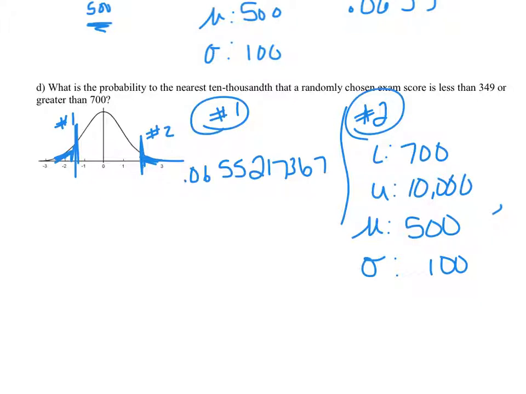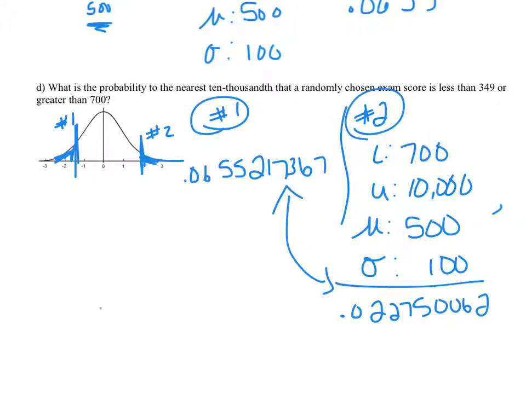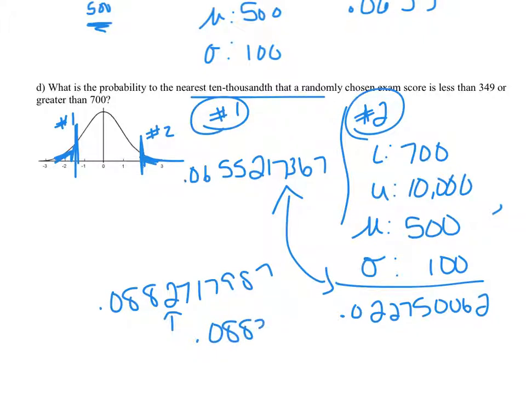So again, put those in your normal CDF, and you should get 0.022750062. Add these two together, 0.0882717987. And we want it to the nearest 10,000, so that's right there. So it's 0.0883. All right, have a wonderful day.